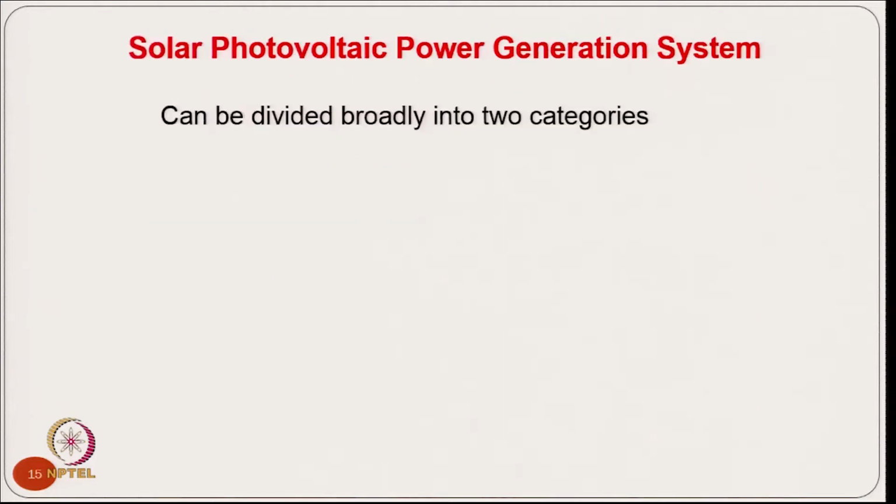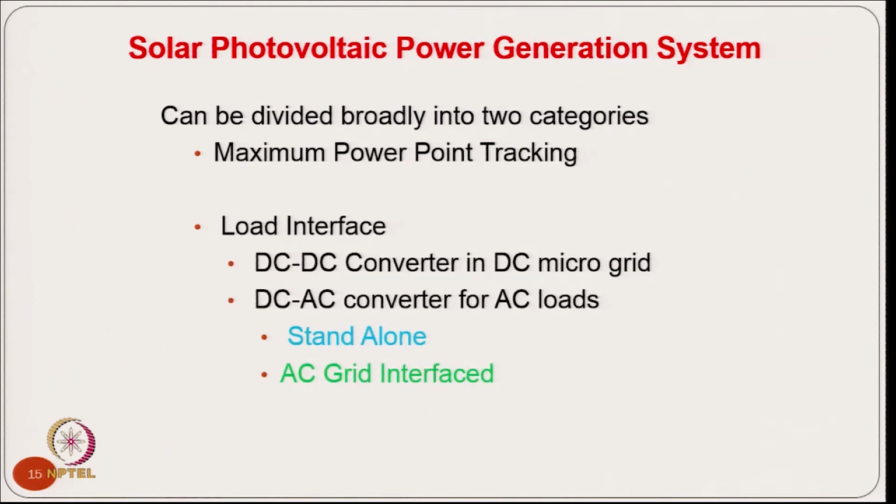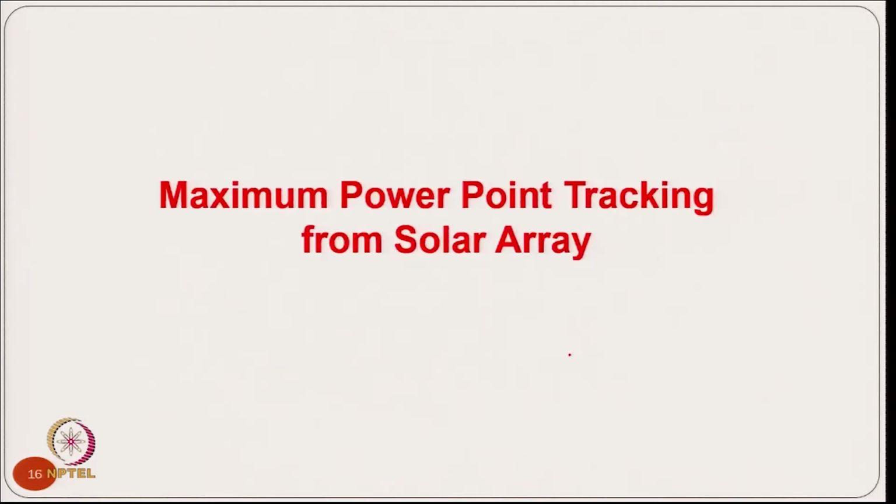Now, it can be classified into 2 categories. The maximum power point tracking stage can be a load interface with a DC-DC converter in a DC microgrid, or a DC to AC converter for AC load, in a standalone or AC grid interface system.